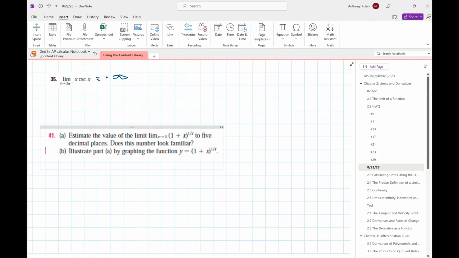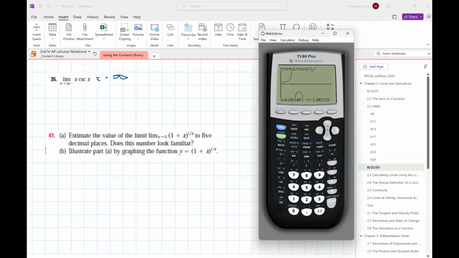Estimate the value of the limit as x approaches 0 of (1 plus x) to the 1 over x, to 5 decimal places. Does this number look familiar? Okay. So we'll start. I'm just going to start by typing this into my calculator.